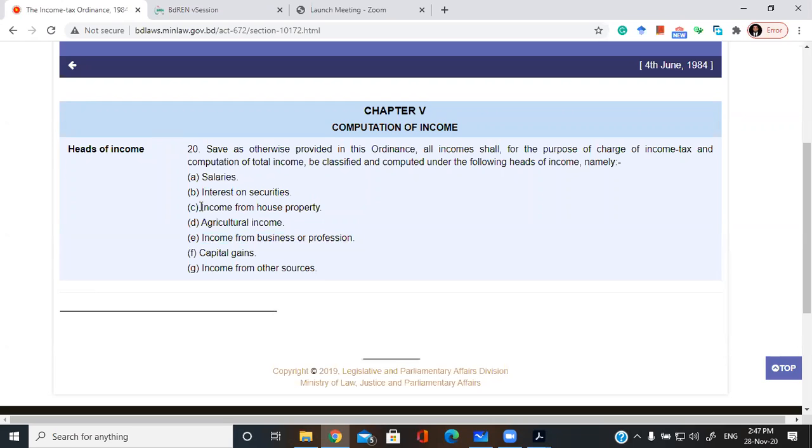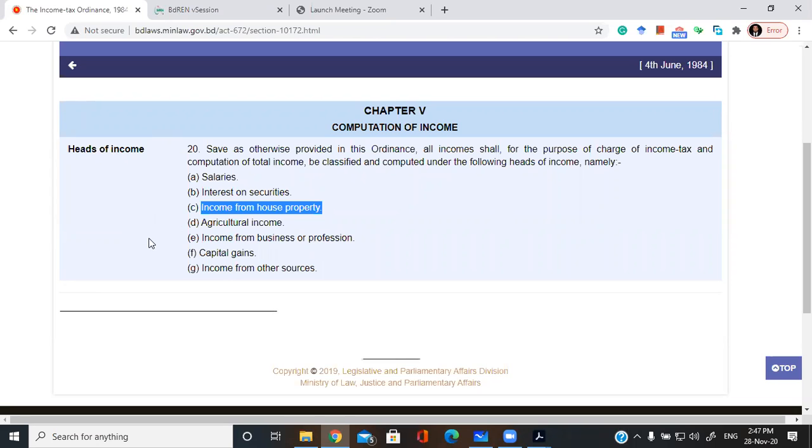So though income from house property is available in your course outline, we will try to skip this. But after finishing our intended chapters or sessions, if we have the available time, we will try to get back to income from house property in extra time.